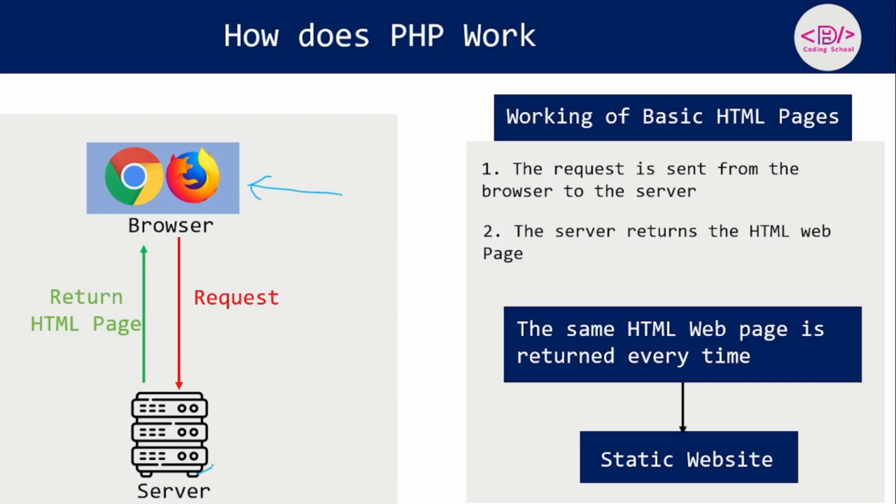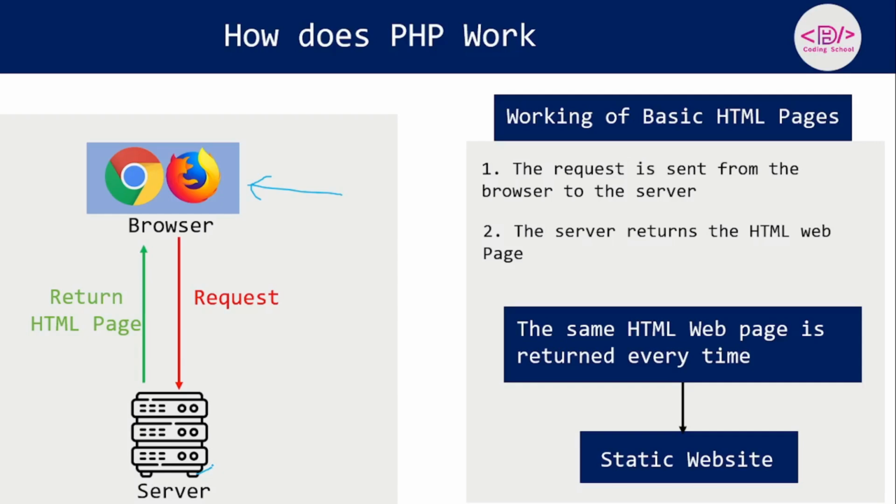And you can see it is as simple as those two processes. The browser sends a request to the server, and the server just gets the files, the HTML page the way it was stored, and sends it back to the browser, and then the browser renders it. This concept is what we call a static website, because with this process the website will look exactly the same every time you request it.